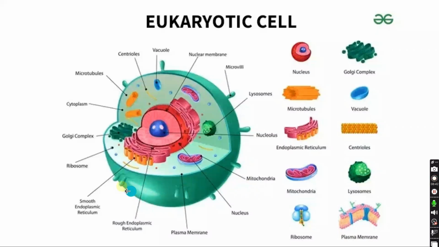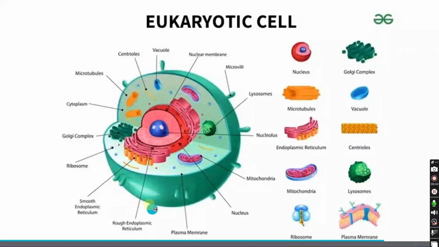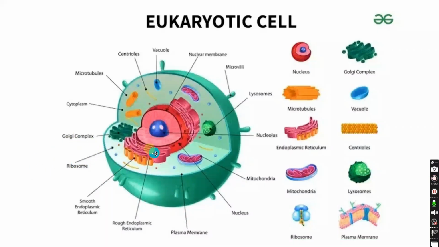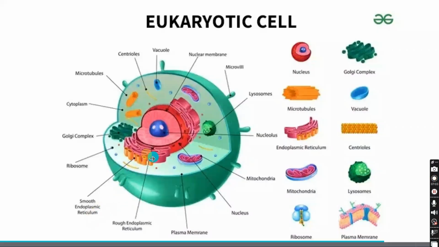Now, what differentiates a smooth and rough endoplasmic reticulum? Basically, the ribosomes can stick onto the surface of the endoplasmic reticulum. The more ribosomes sticking onto the surface of the ER, the rougher surface it has, thus creating two variations of the endoplasmic reticulum.